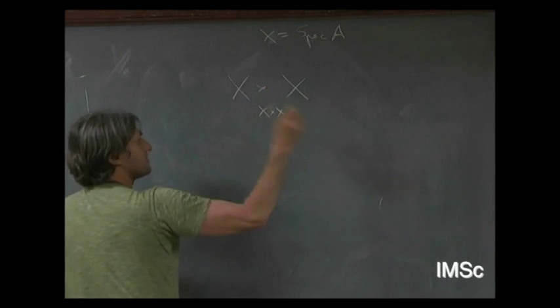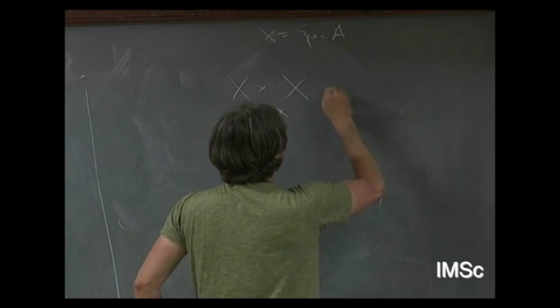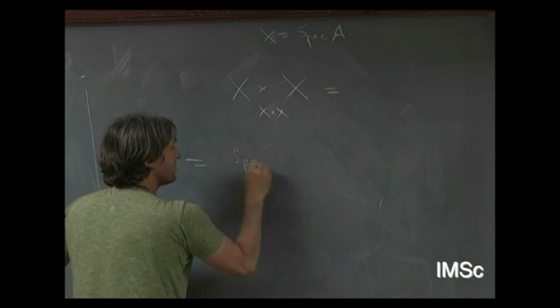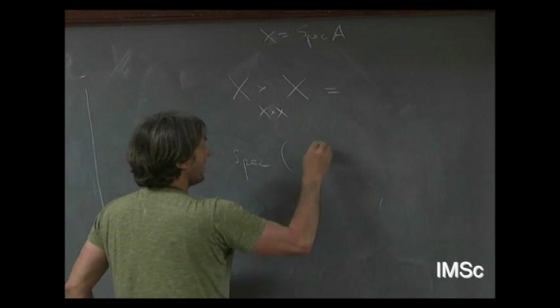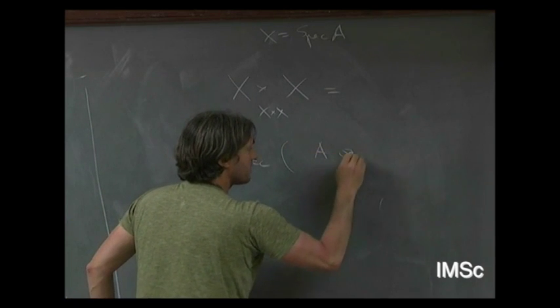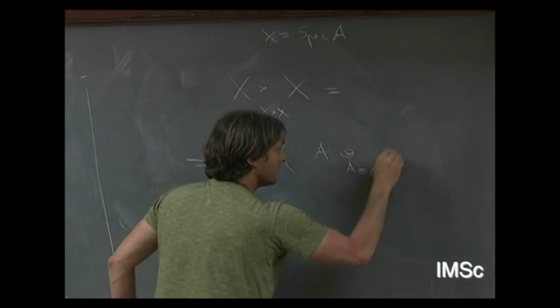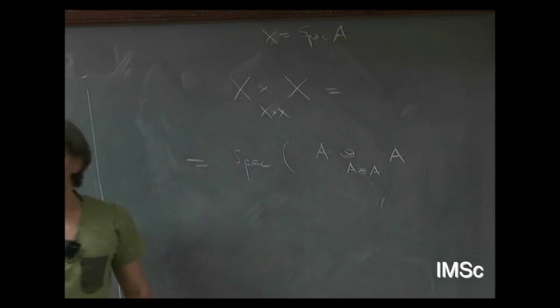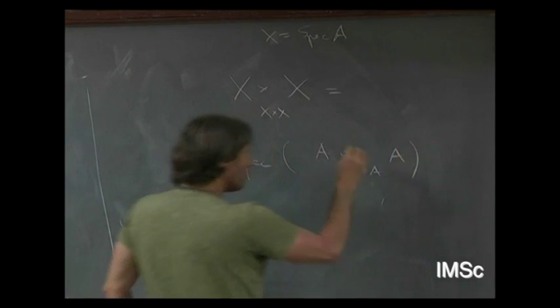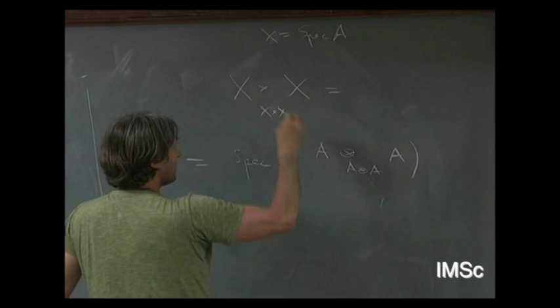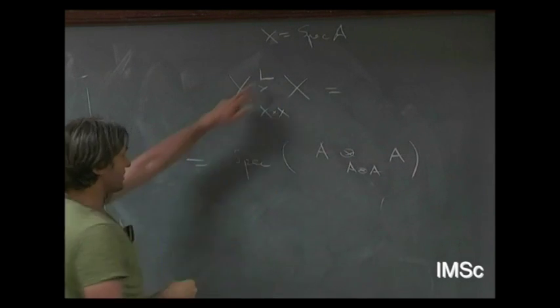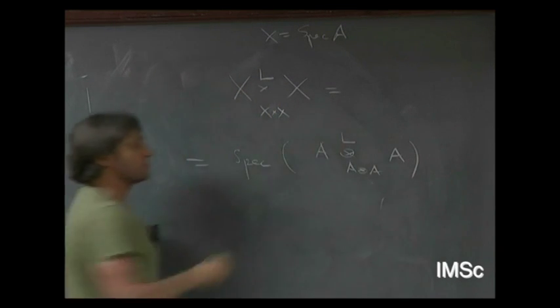So then what is this? In algebraic geometry, this is spec of A tensor over A tensor A, right? Only this fiber product should be derived, so this tensor product should be derived.